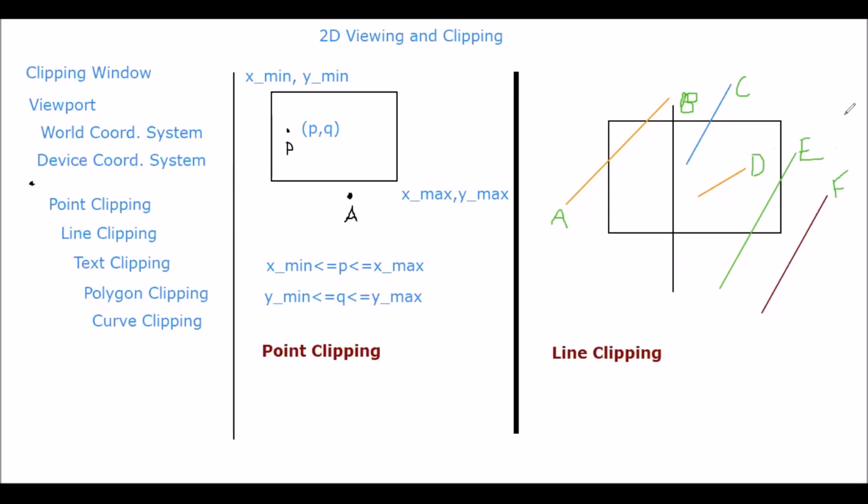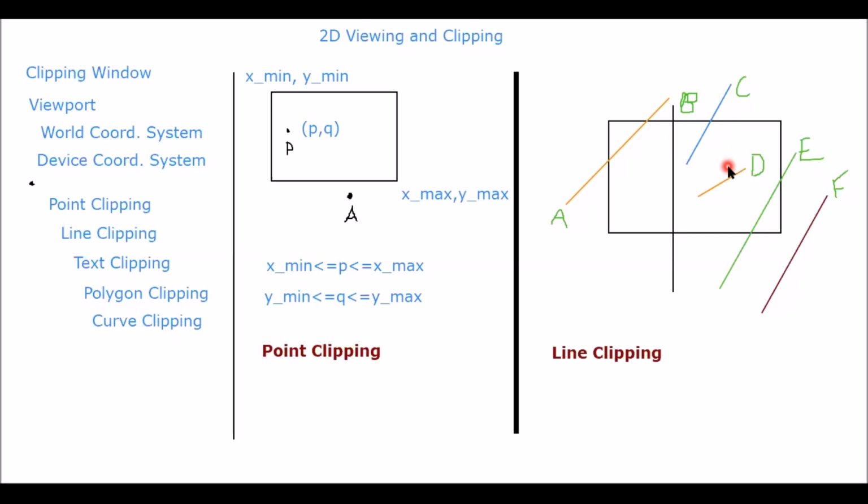Now we can see that line D is completely inside the clip window. So this will be known as an interior line, which is completely inside the clip window.